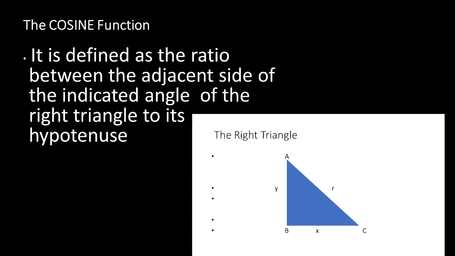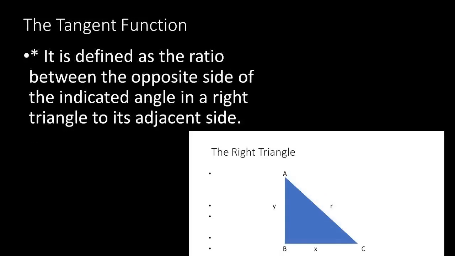And now we come to the tangent function. The tangent function of the right triangle is defined as the ratio between the opposite side of the indicated angle in a right triangle to its adjacent side, so opposite divided by adjacent. A while ago we defined the sine and cosine functions.